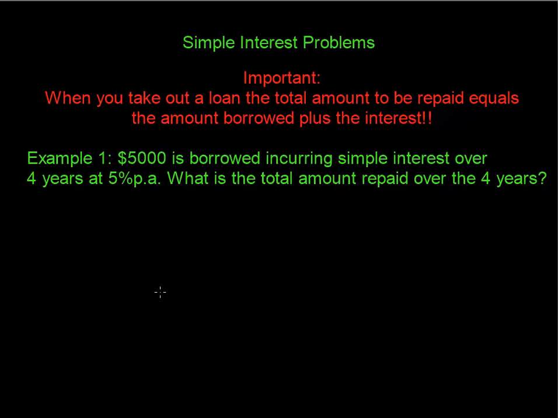The first one says $5,000 is borrowed incurring simple interest over 4 years at 5% per annum. What is the total amount repaid over the 4 years? Because it's a simple interest problem, we start by working out how much interest the person needs to pay. So we just use I equals PRN.